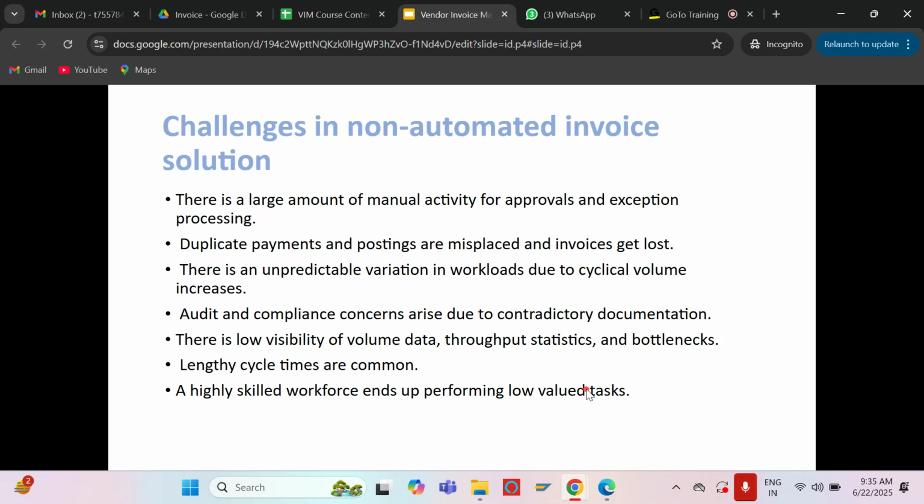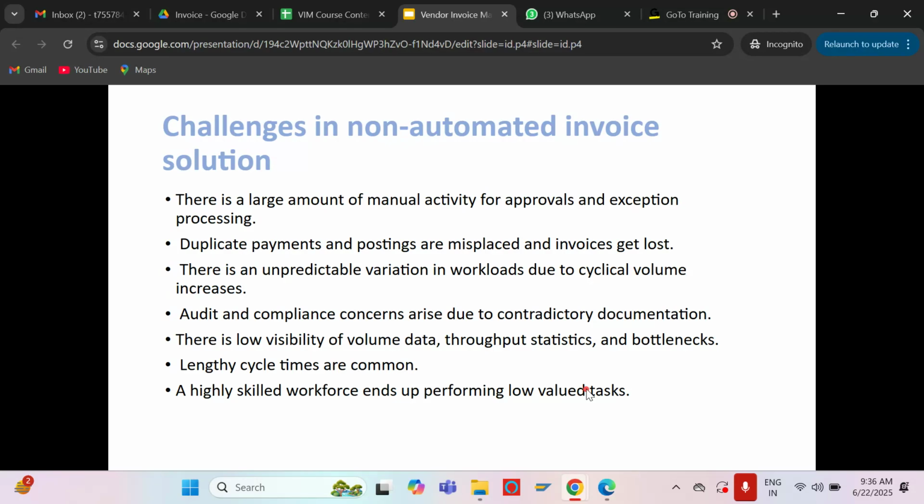So basically, these are the challenges we see here in the non-automated invoice solution, which we already discussed. There is a large amount of manual activity, as we saw. It is a very hectic process to get the approvals, to validate each of the data, right? So suppose there is one industry. Let me take an example of my past experience. I was working with a client whose incoming invoices per day were 25,000.